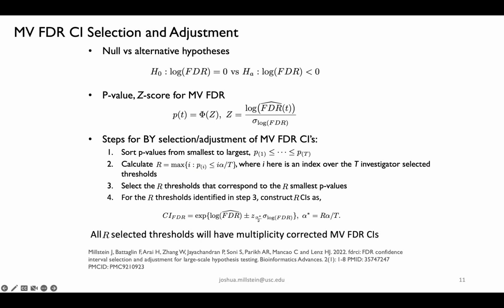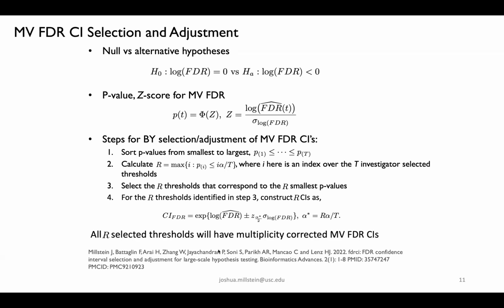And the natural alternative would be that FDR is less than 1, or the log FDR is less than 0. So now we have a null hypothesis and an alternative hypothesis. We have a variance estimator for the log of FDR, so we can compute a p-value. And this is the approach that I proposed in the paper that was recently published in Bioinformatics Advances.